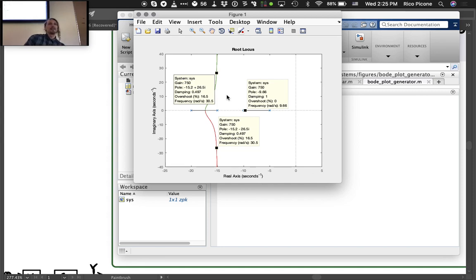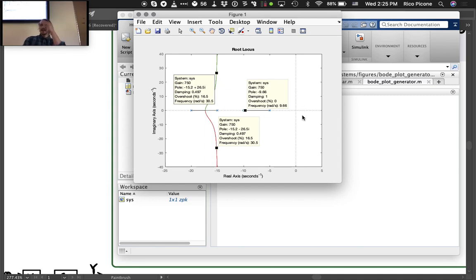Okay, so the idea is that you've got to have a pair of poles that are closer to the imaginary axis than any of the other poles or zeros that show up. So you have a complex conjugate pair of poles that show up here, which is second order like, right? This is a second order pair. But you've got this other one over here. It's closer to the imaginary axis.